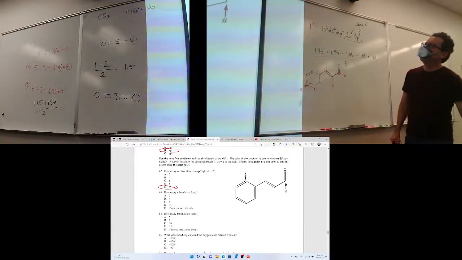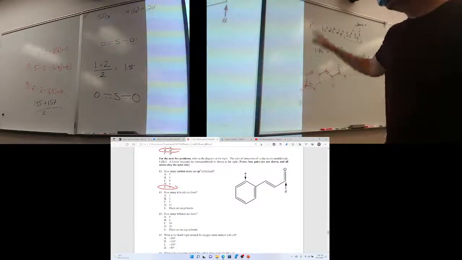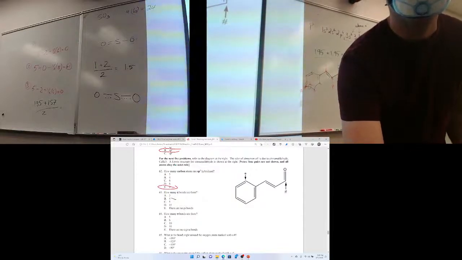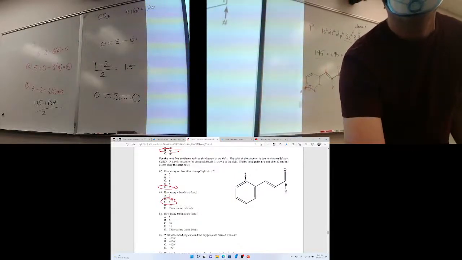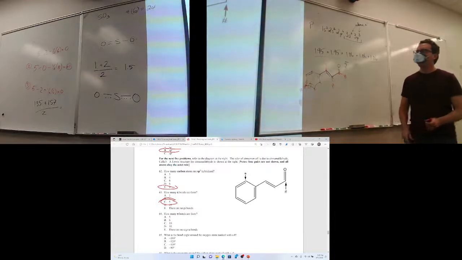We are ignoring the whole idea of resonance at this point, as if you include that, that would make this discussion very complicated. But literally what's drawn in this structure is 5 pi bonds. Okay? There we go, 5.